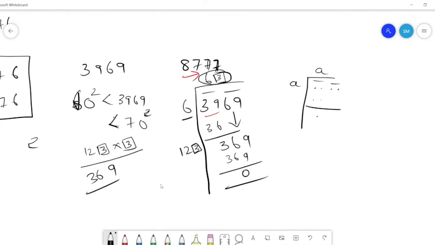Because 60 square is 3600, and 70 square is 4900. So look at the last 2 zeros here. The given number is 3969. So it is enough if I just look at the numbers remaining on the left after I remove 69, this 39. So the first digit A is clear.